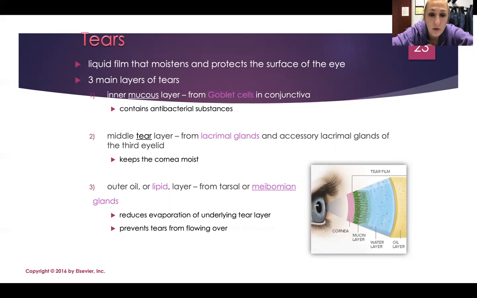The outer layer, or lipid layer, comes from those meibomian glands. I already talked about those meibomian glands that are on the margin of the palpebra, or eyelid. I mentioned that it reduces the tears from falling out, so it's not super watery and just flowing out anyway. It actually holds your tears in, and also reduces evaporation of underlying tear layers.